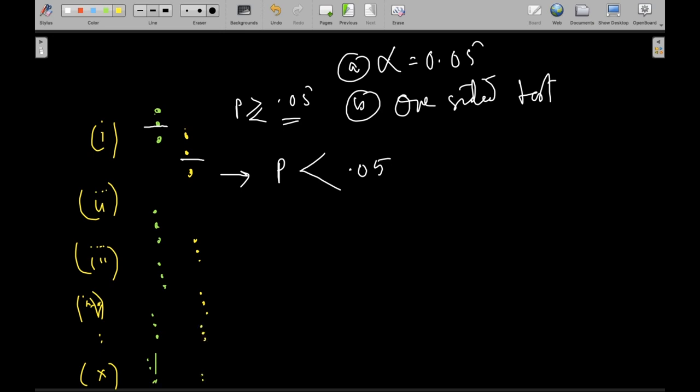Okay, so if I take the mean of all these samples, I get this, this, this, this, this, this. These are very close. I get this, I get somewhere here. Okay, and let's say the p-value corresponding to this is less than 0.05. This is less than 0.05, but this one is actually greater than 0.05.